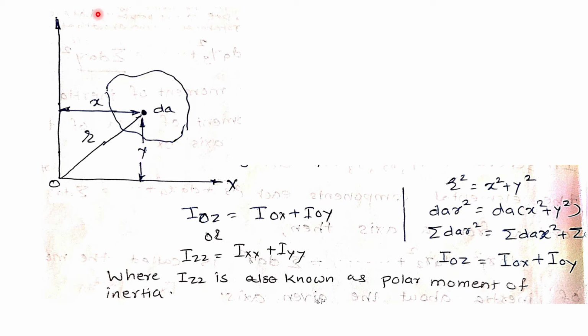So here we have a figure, dear student. You can see here that the lamina is there over the x and y axis. So this is the y axis and this is the origin.